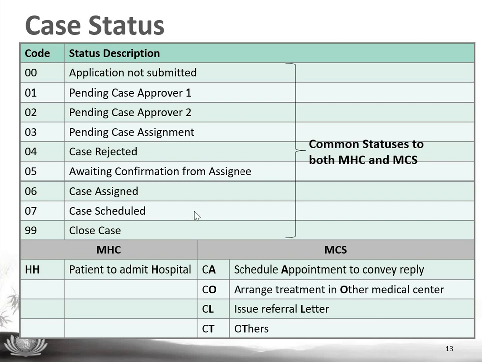When the case is closed, the status will be reflected as 99. There are some unique statuses for MHC, such as HH, when the patient is required to be admitted to hospital, while we have CA, CO, CL, and CT for MCS. For example, when we need to help the patient arrange treatment in another medical center or issue a referral letter to the patient.